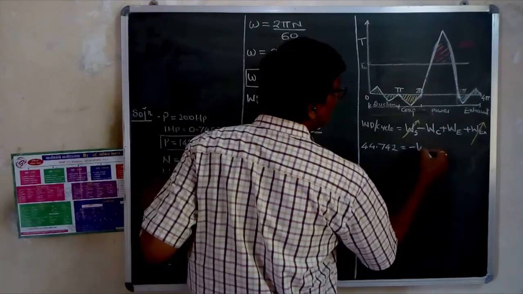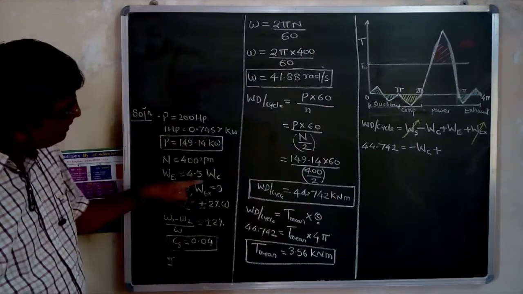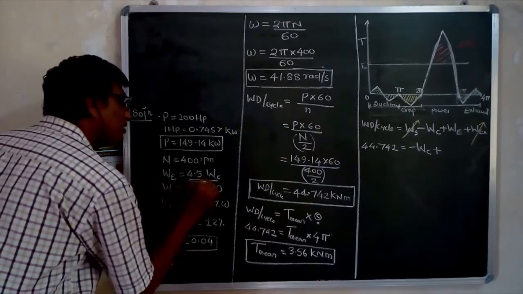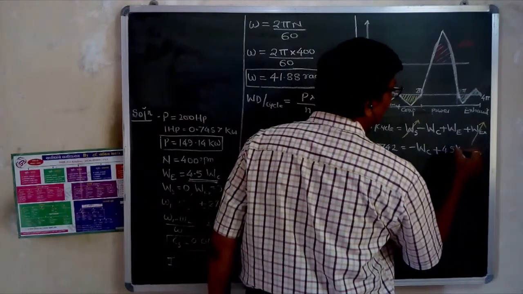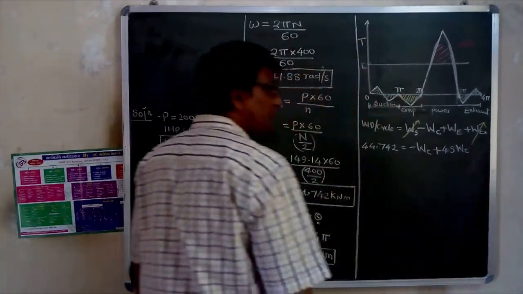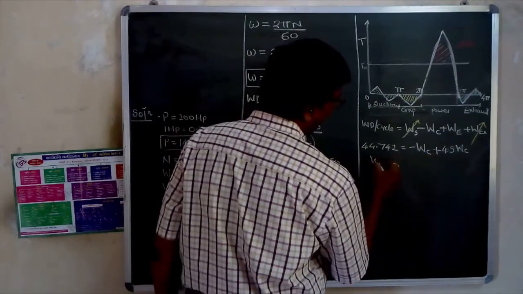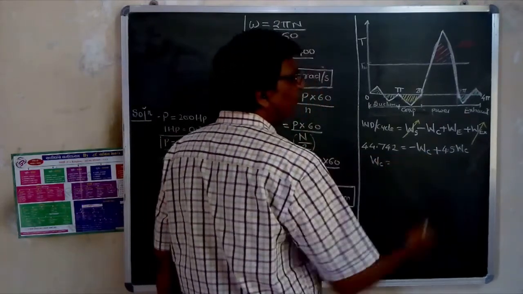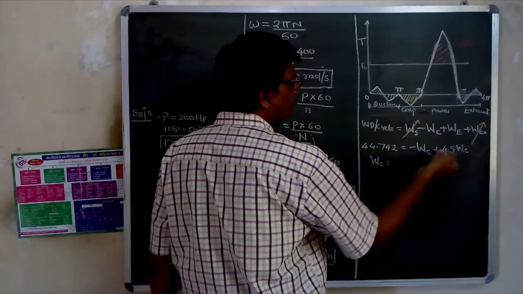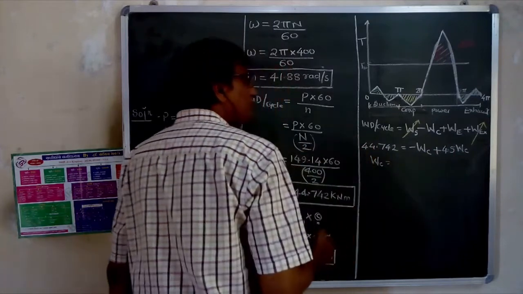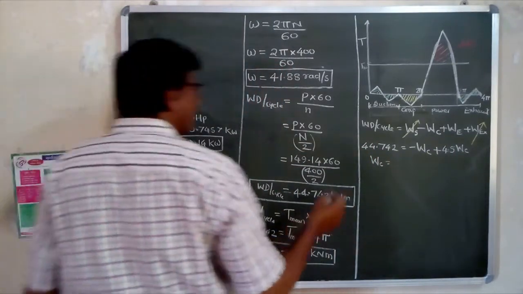So minus WC plus the work done during expansion, which is 4.5 times the work done during compression. Now if you solve this, you will get WC. This will be 3.5 WC divided by this one. So you will get WC, and the work during compression is 12.7834.